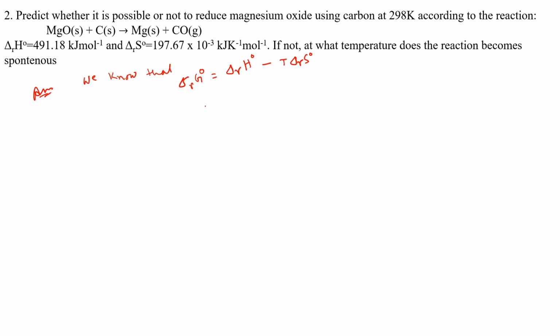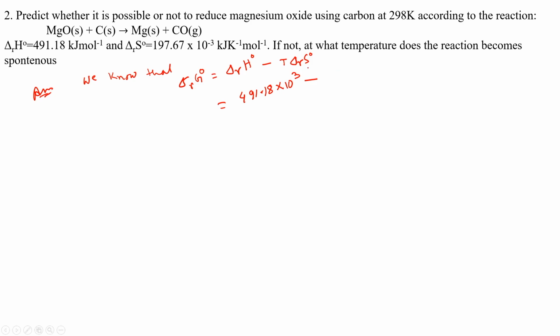The value of delta H naught is 491.18 kilojoule.